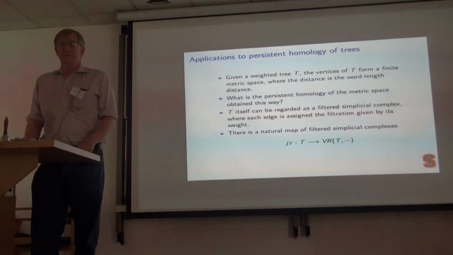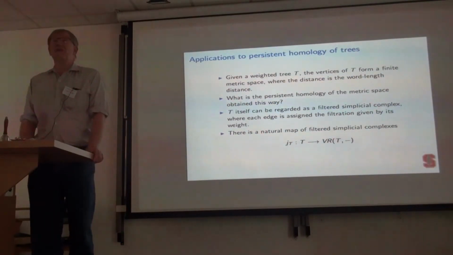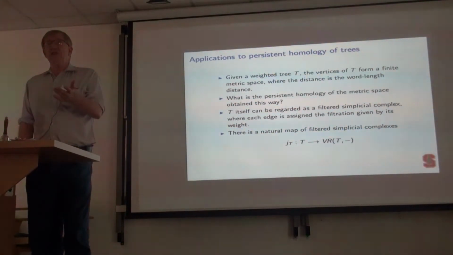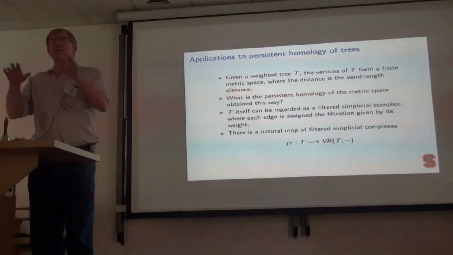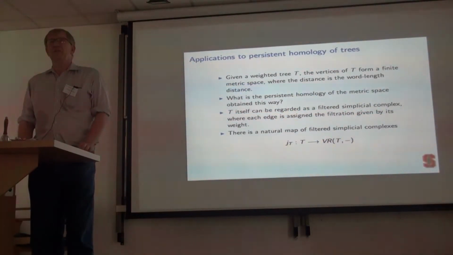But suppose that I could prove that this map J actually induces an isomorphism on persistent homology. Then I'd be done, because the persistent homology of the thing on the left, being one-dimensional with no loops, is just going to be components merging into bigger components. There are not going to be any loops, no higher dimensional homology.